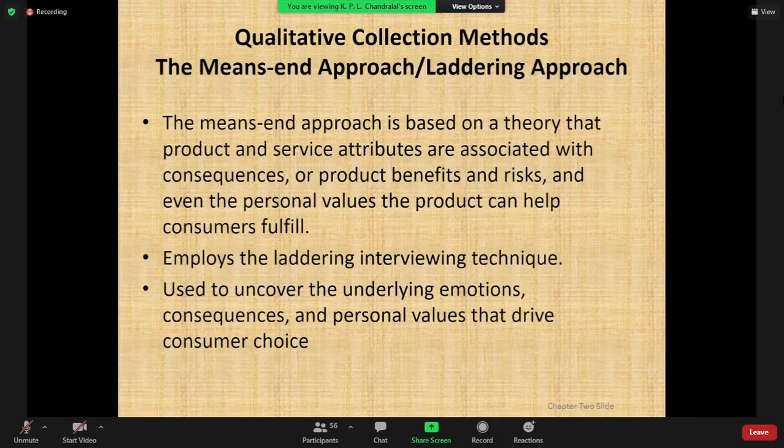Is it due to his personal value? Sometimes apparently the reason seems to be the particular function or feature.